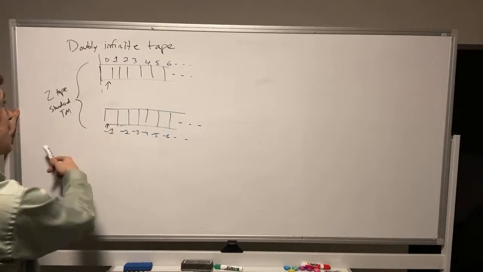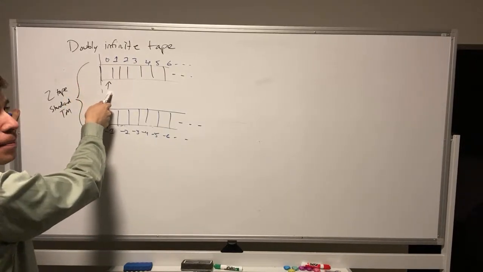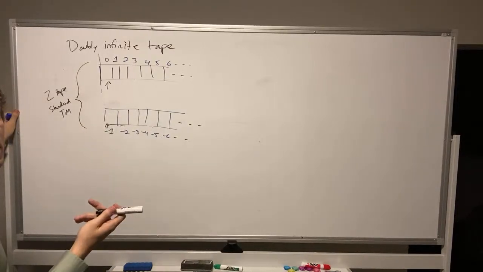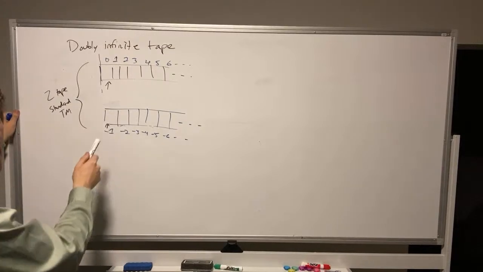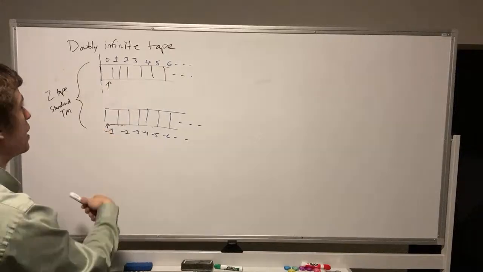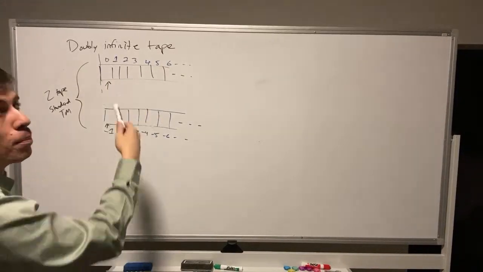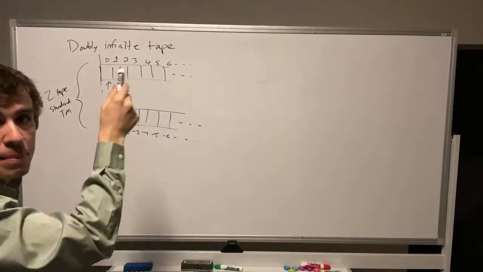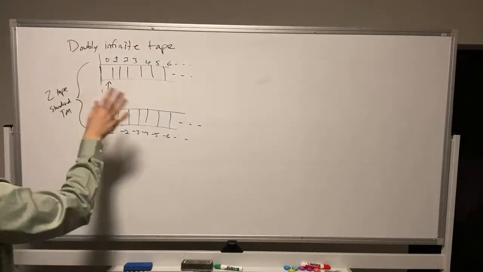Otherwise, if this guy moves left, then we transfer control over to this guy and let it do its thing. If this guy says to move left, we transfer control back to the blue guy. The transfer of control might go back and forth a few times. And if this guy says to move right, then the black tape is going to take control here. Then we can continue from there.